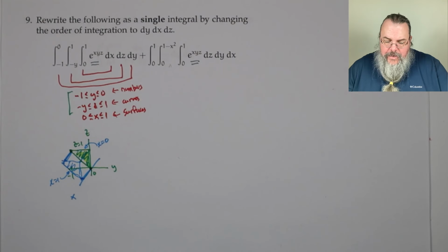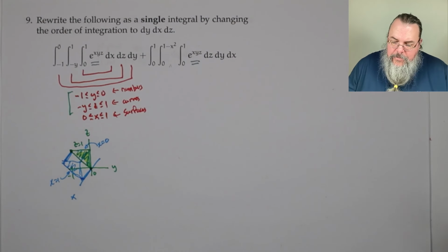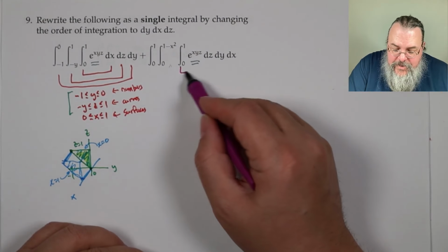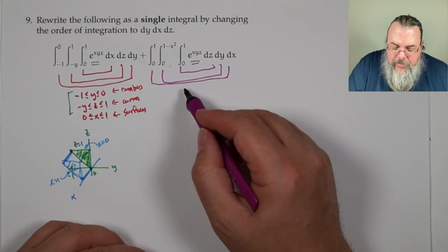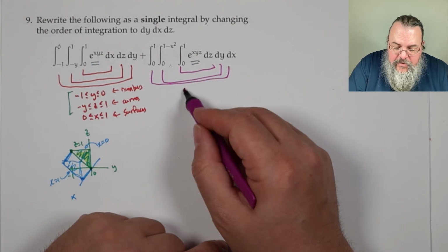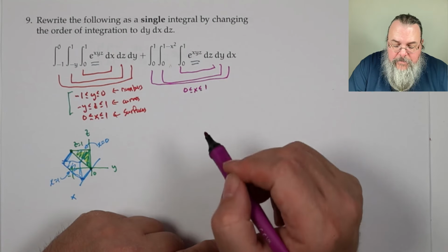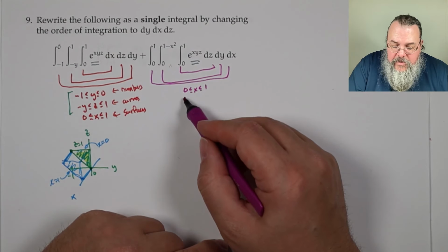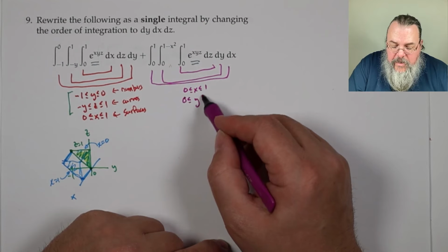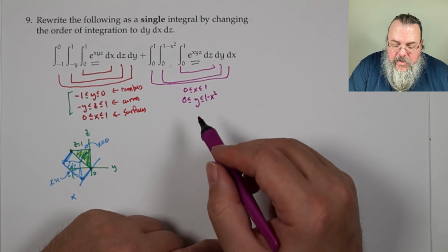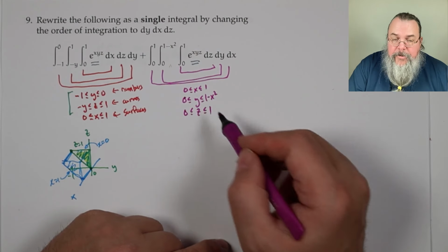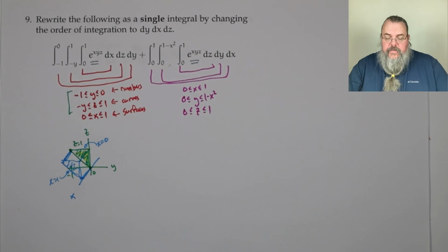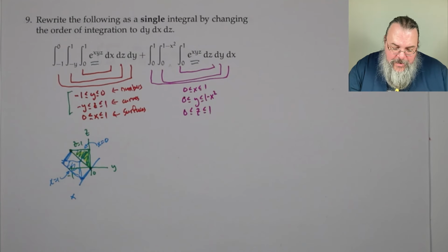Okay, so again, we just pair up. We have our layers. If we go from our outermost layer, 0 less than or equal to x less than or equal to 1, then we have 0 less than or equal to y less than or equal to 1 minus x squared, and then 0 less than or equal to z less than or equal to 1. Now, what's going on here?